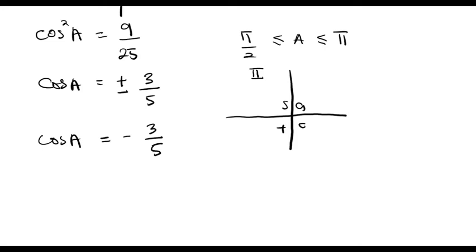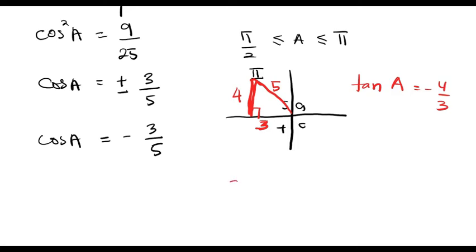Actually, we can also draw the triangle in quadrant 2. We have cos A equal to 3 over 5, meaning that here will be 3, here will be 5. And we know that tangent A is equal to negative 4 over 3, so here is 4, here is 3.